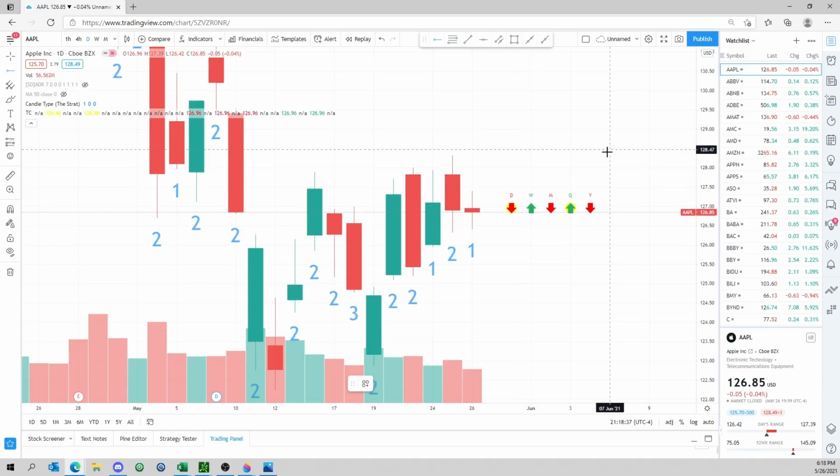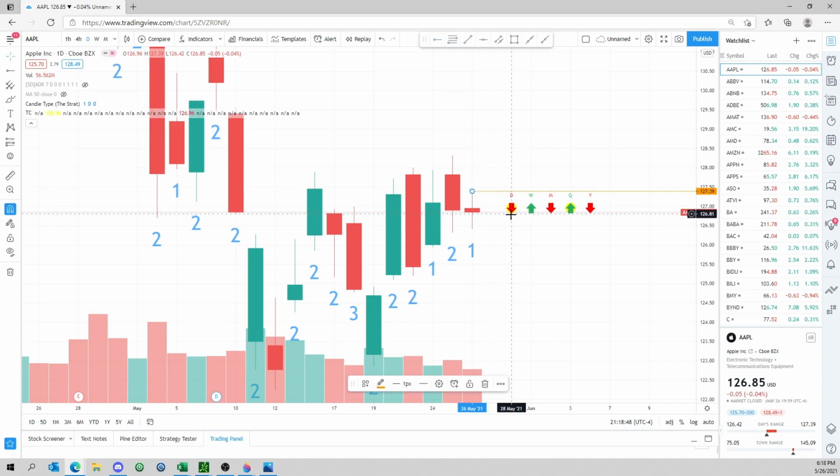So how we would do this, how we find our entries, is the tops of the candle, the complete candle, the wick and the body. So this level here and this level here. Those two levels are where the price is going to form a 2 candle. And just based on the meaning behind a 2 candle, we can tell who is in control.